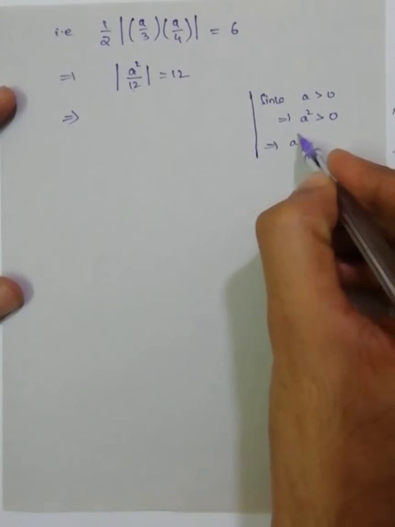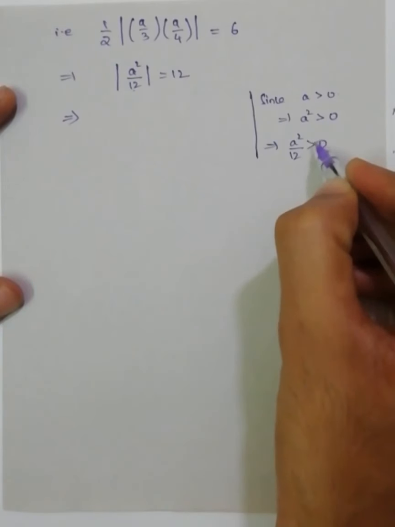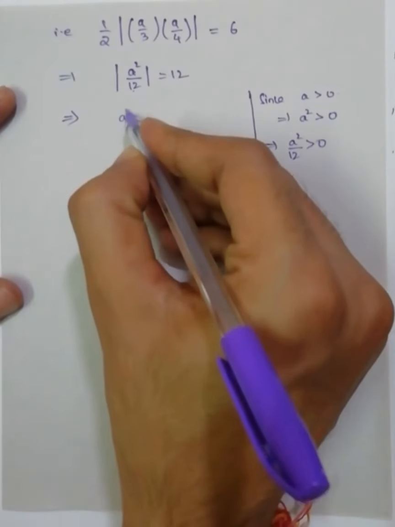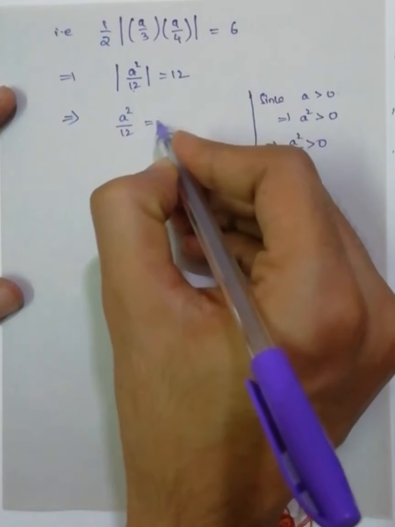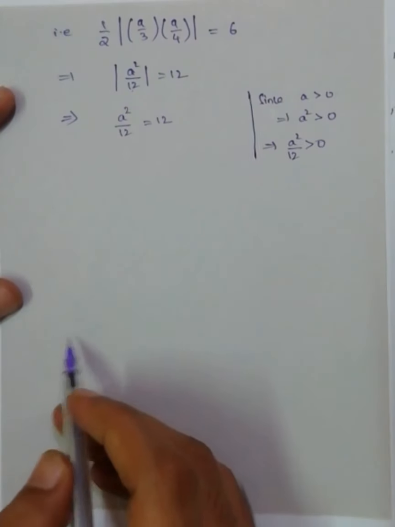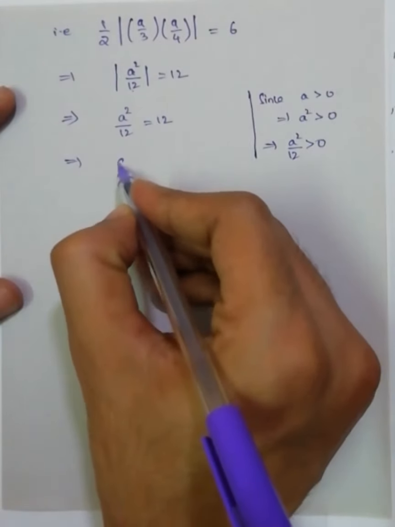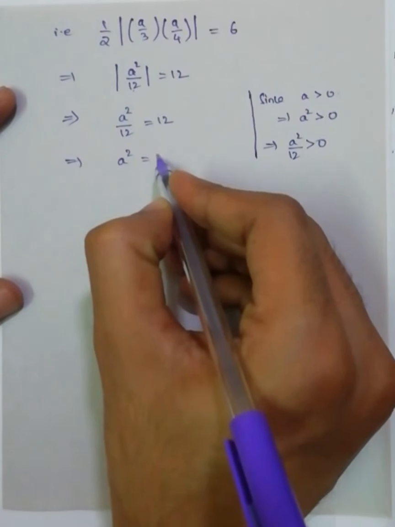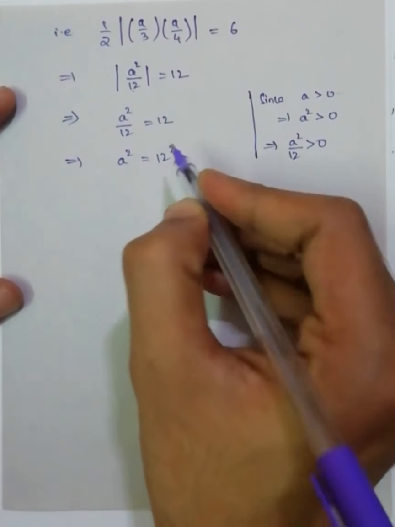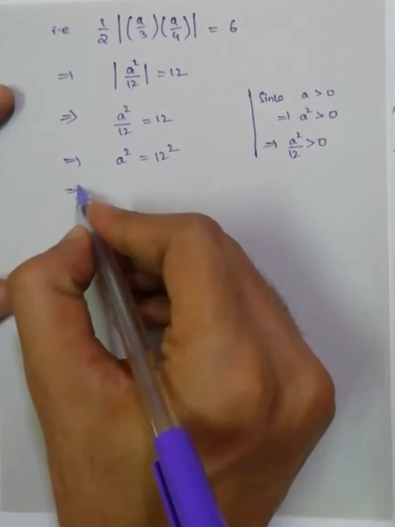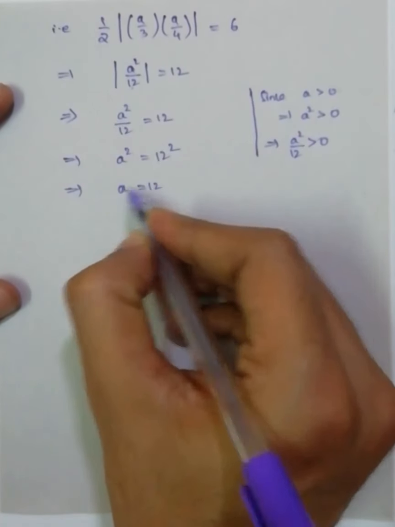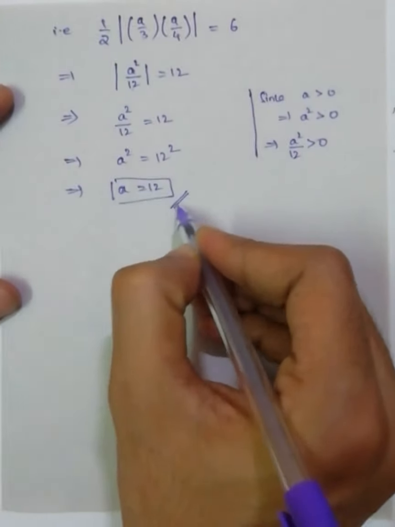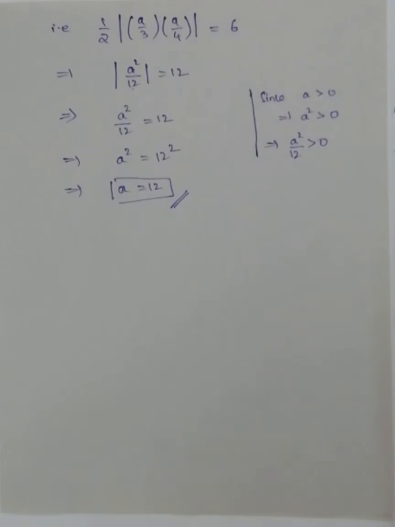Then modulus of positive is positive. Therefore a square is equal to 12 square. This implies a is equal to 12 is the required answer.